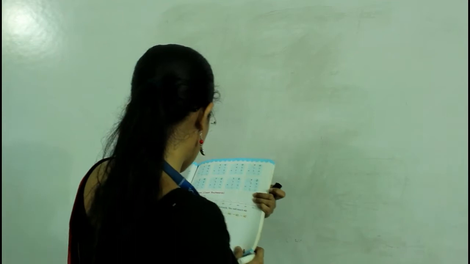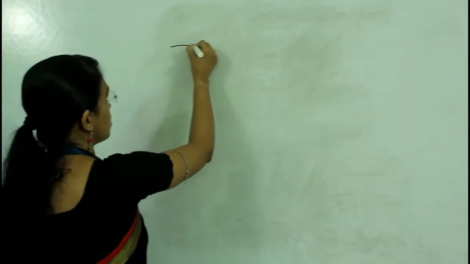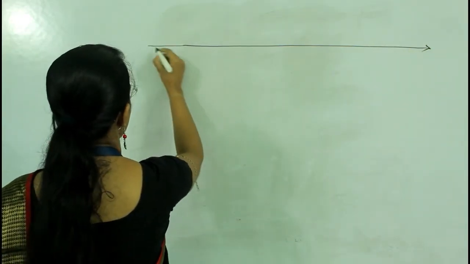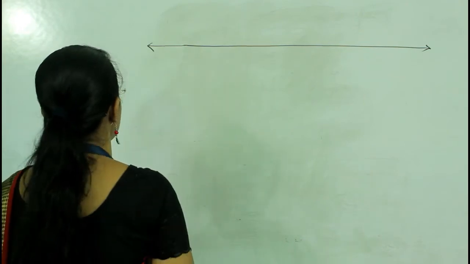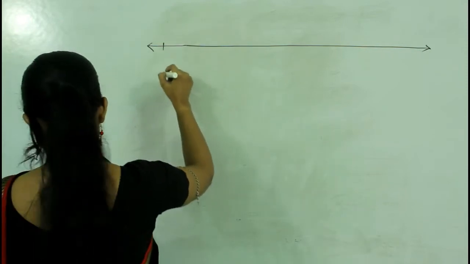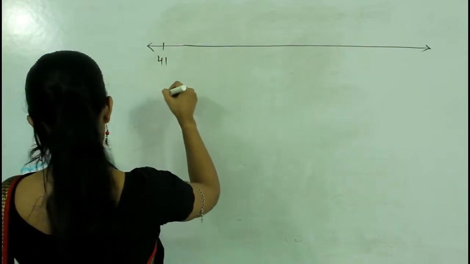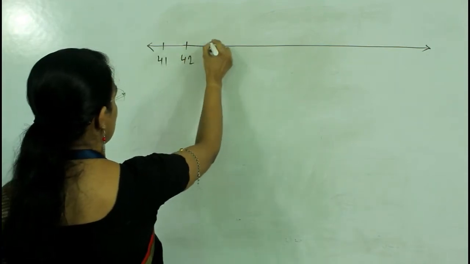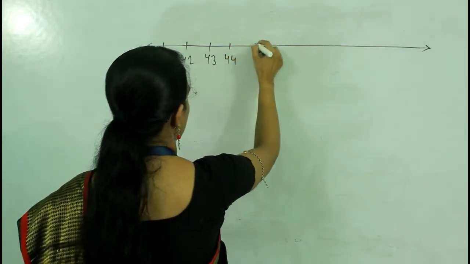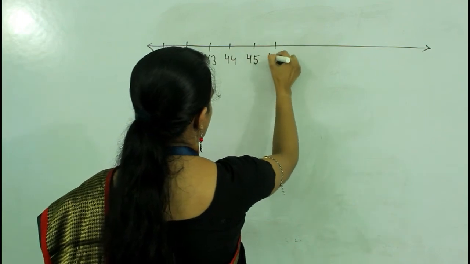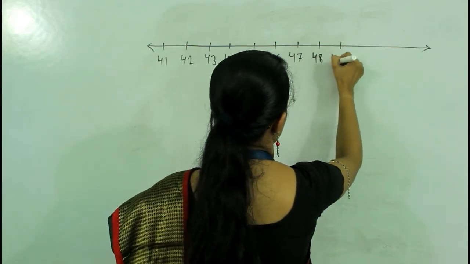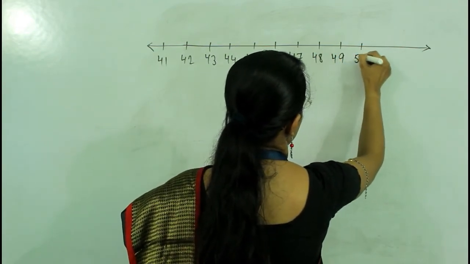Okay, now we will do the subtraction by using a number line. Now for example, I have written this: 41, 42, 43, 44, 45, 46, 47, 48, 49, 50.